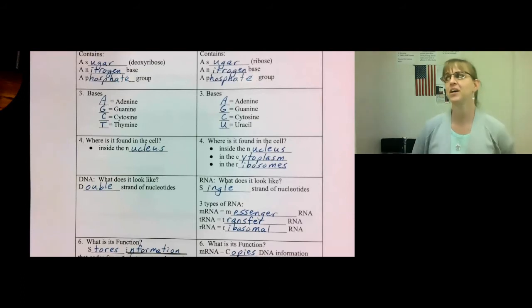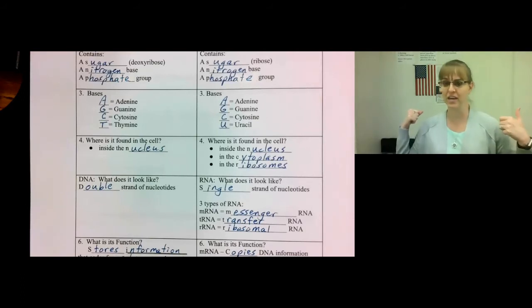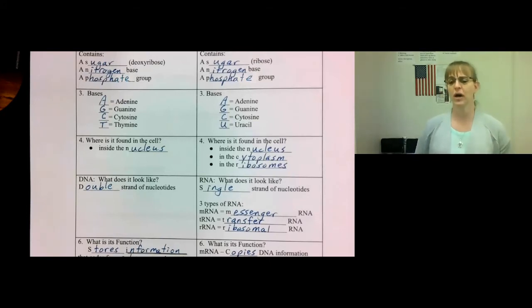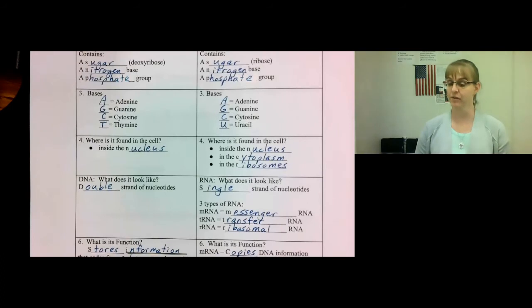That's incredible. So you don't need all the information just to make your eyes or to make your hair. And so a particular cell will only use the part of the DNA that it needs to make whatever it's making at the moment. What it does, it makes a temporary copy.